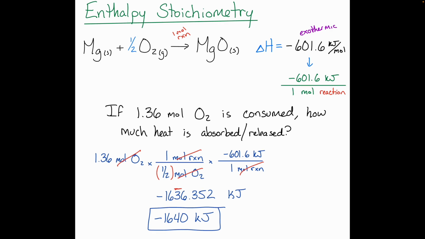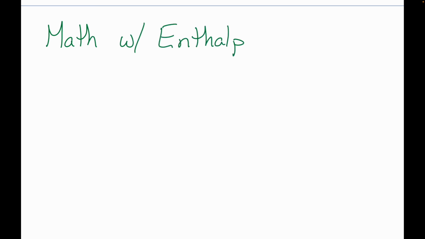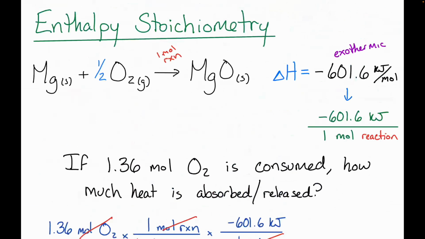All right. Cool, so we're going to kind of roll up these things that we did, but we got one more skill that we need to do here. All right, and that is what we're just going to call math with enthalpy. Let's stick with this same chemical equation that we've been talking about, our magnesium oxide.